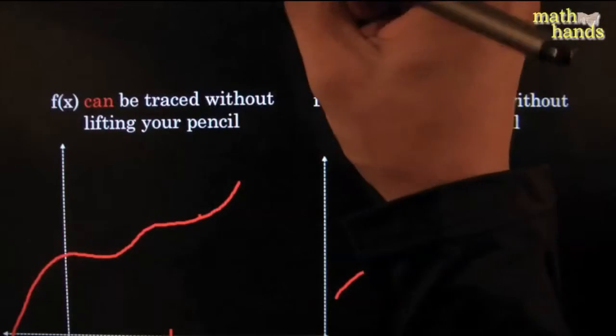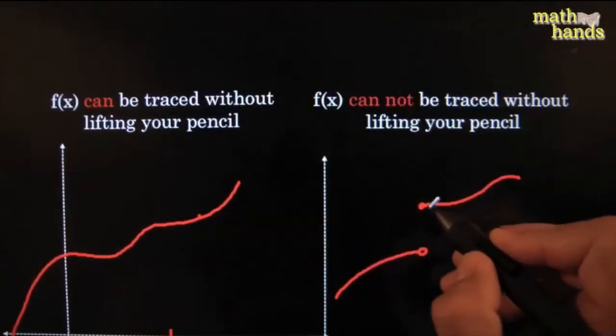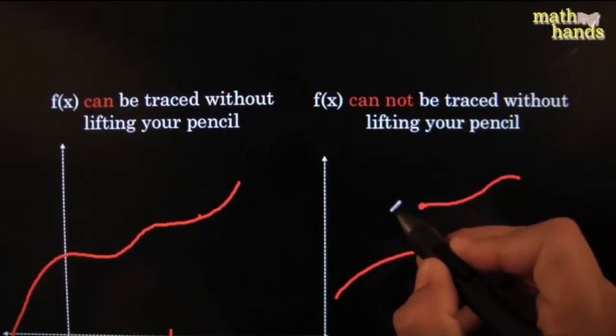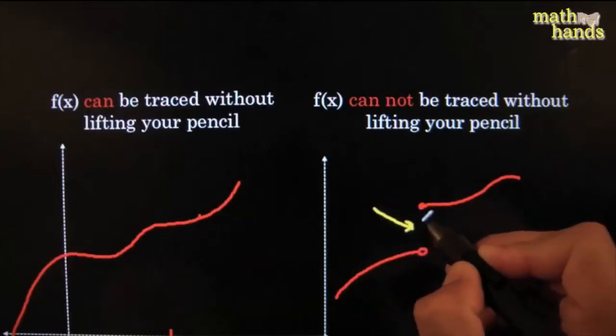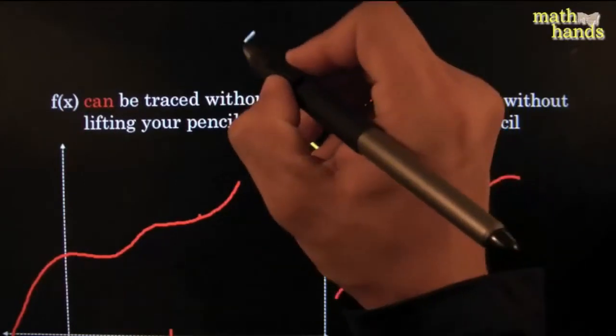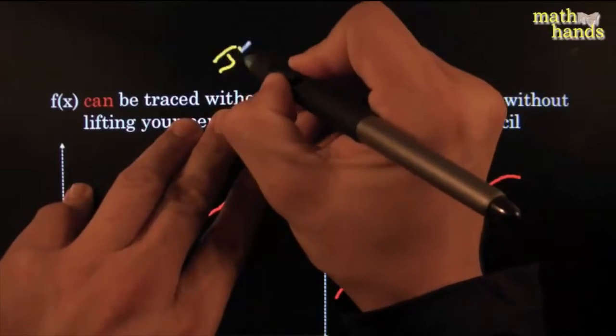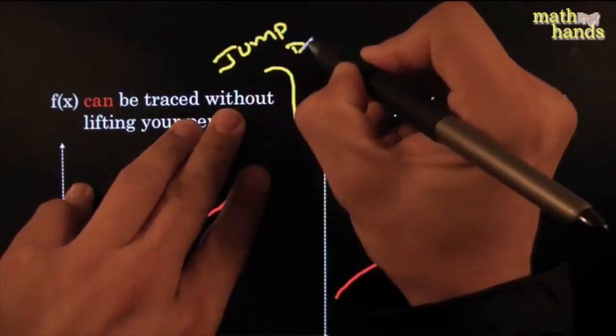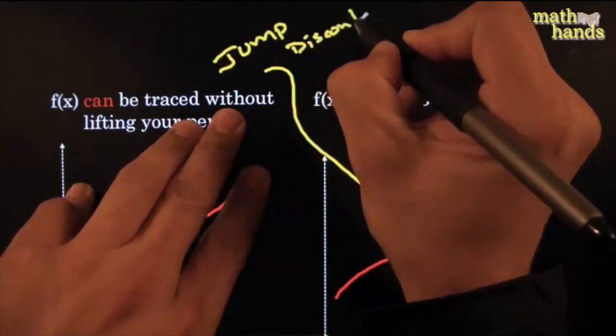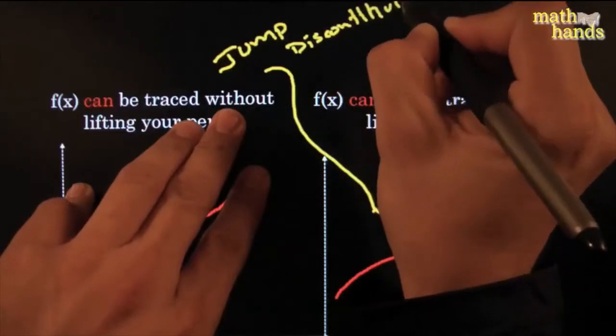You can't do it. You've got to trace part of it, lift it, and then trace the other part. So that's not something we want when we want our functions to be continuous. Among other things, when the function is continuous, you can trace it without lifting your pencil.